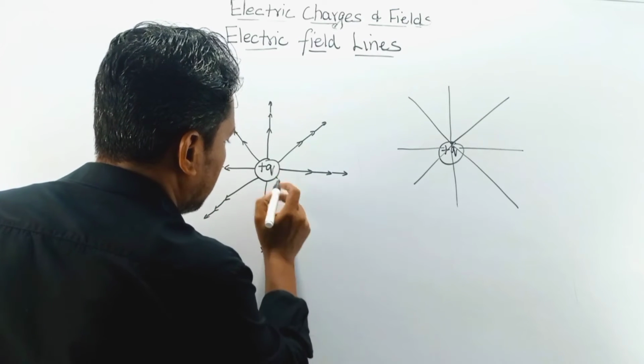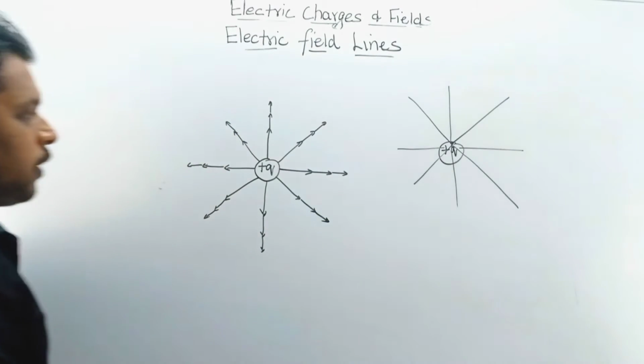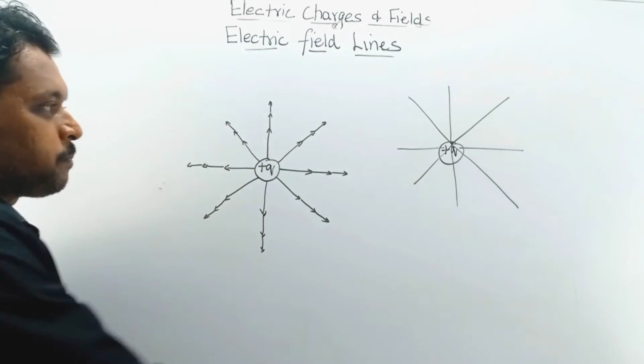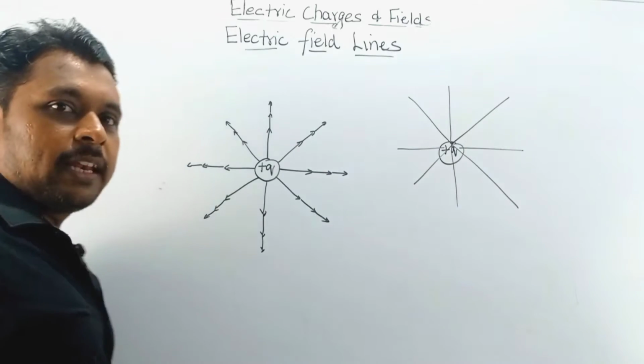Okay, fine. So I have represented the electric field lines. See the difference. This is the view of your electric field lines.